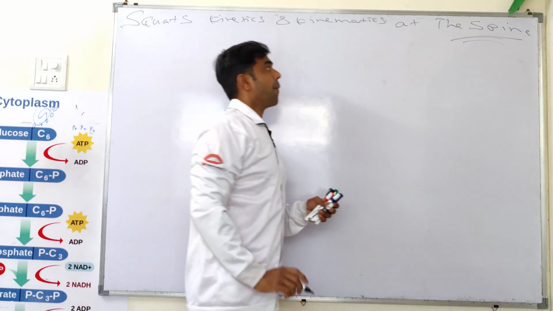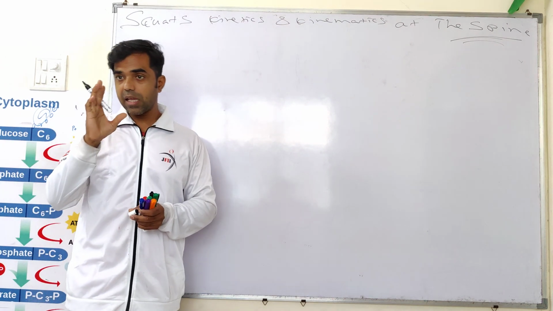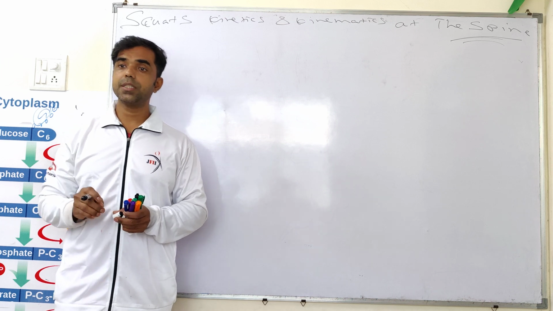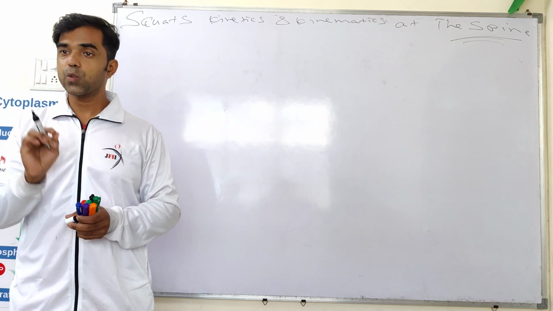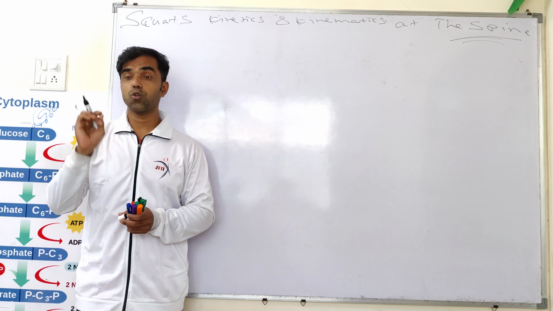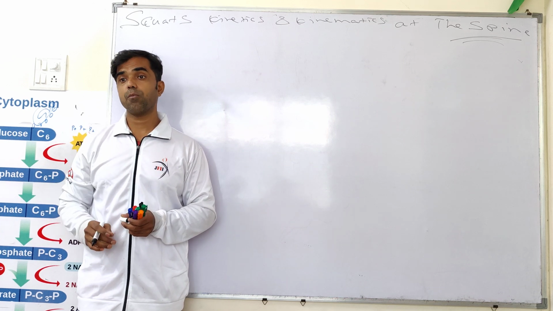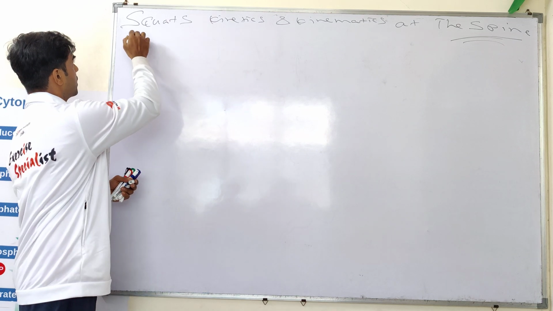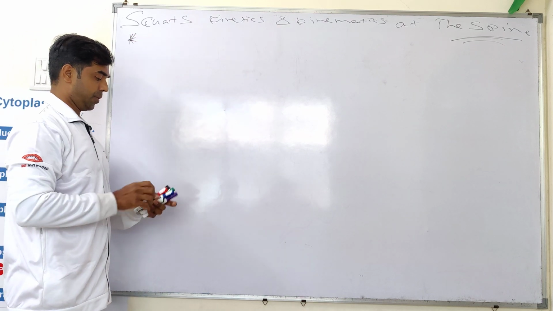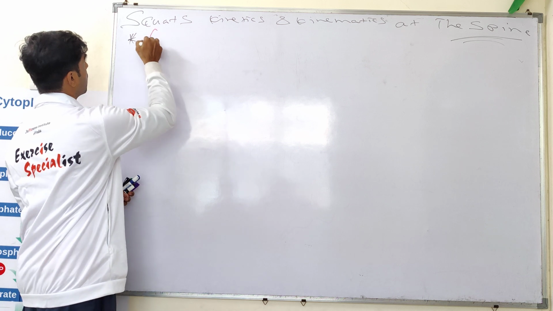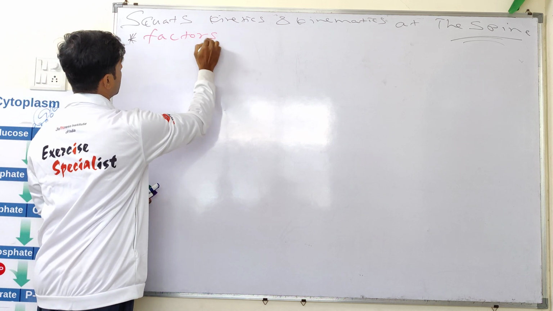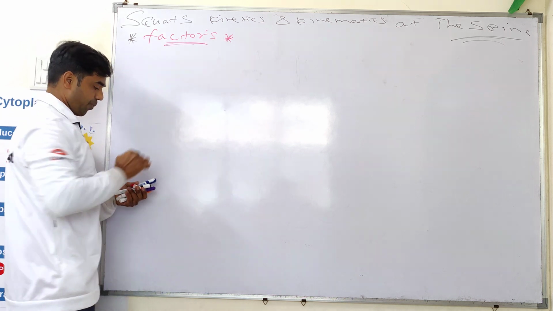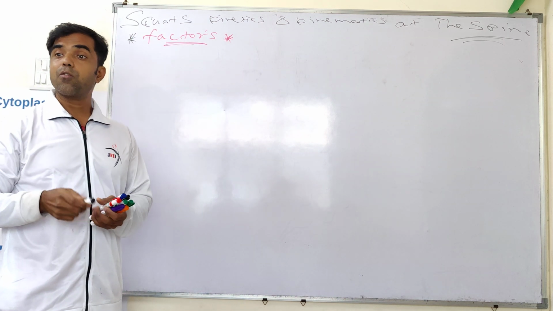Right? Prior to engaging any client in squats, you should make sure you have considered some factors. Those factors are very crucial to save your client from injuries, right? So what are the factors you need to consider? Firstly, type of loading.